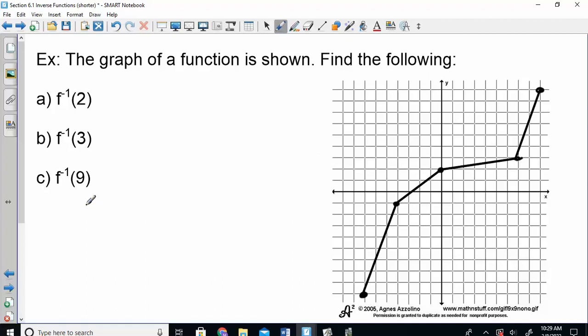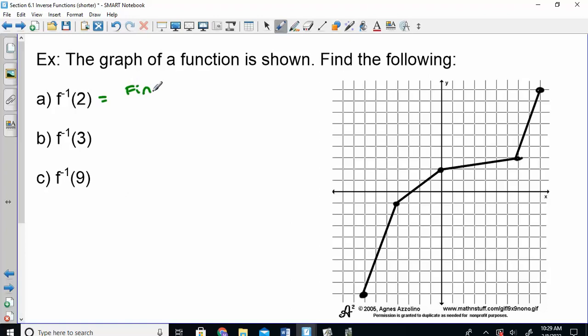So, a graph question. This graph is the original function. And then I'm asking you questions about the inverse. So if I say f inverse of 2, this means that 2 was the y value in the original.